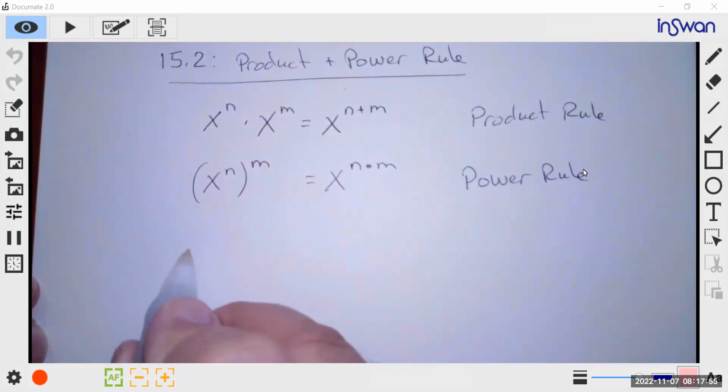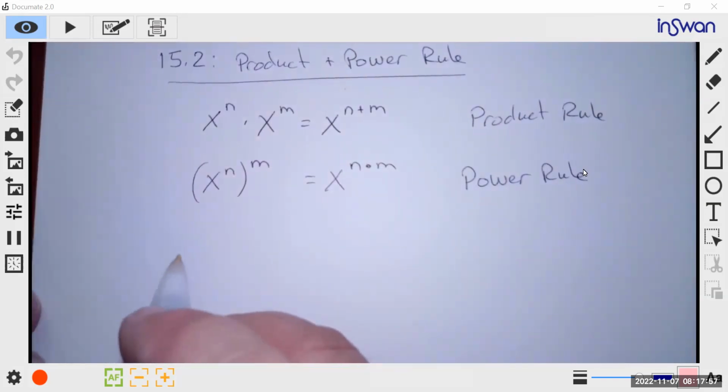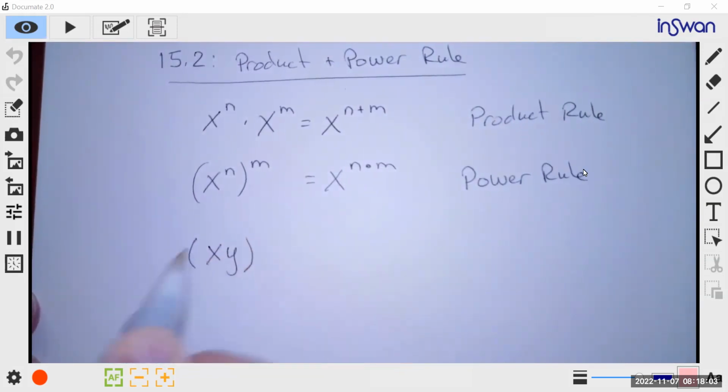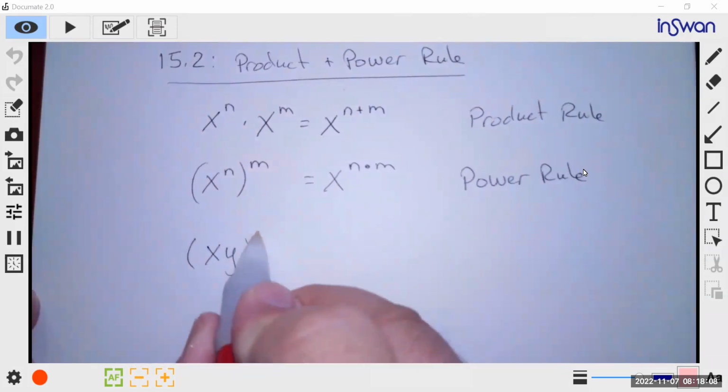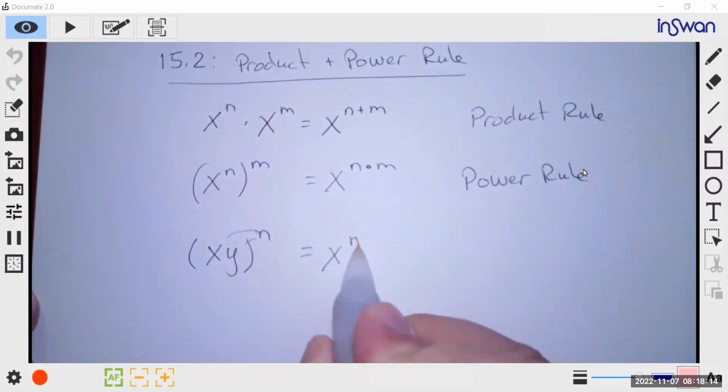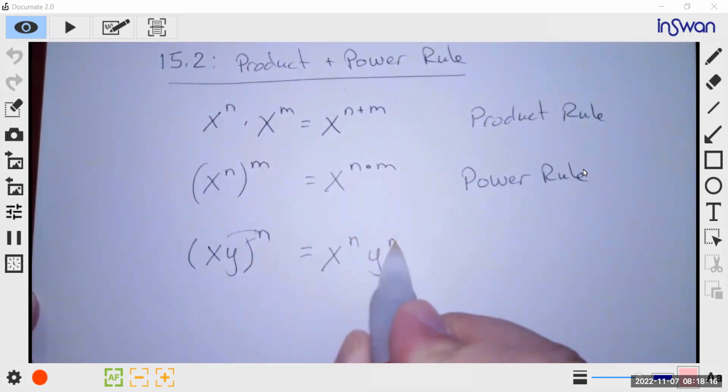What we also discussed last week or 2 weeks ago was if I have a product of terms inside of parentheses raised to a power, that exponent goes to every term inside that parenthesis.